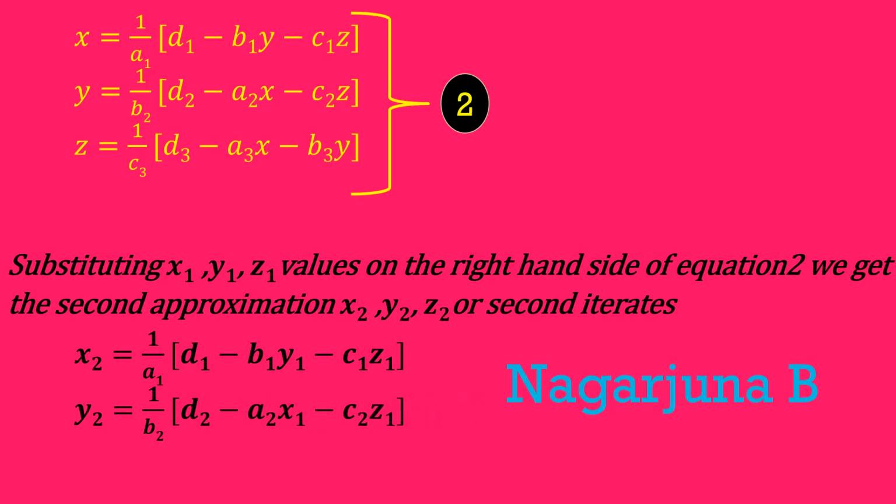The next, consider the third equation present in the system of linear equation 2. So now z2 will be equal to 1 divided by c3 into d3 minus a3 x1 minus b3 y1. That is, we have replaced x, y, z with x1, y1, z1 values. We get the second approximation, that is x2, y2 and z2.